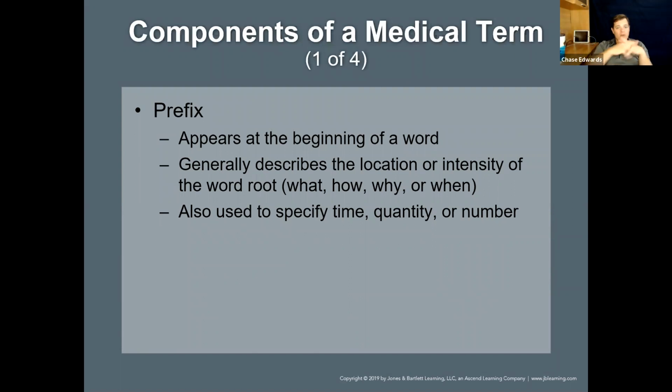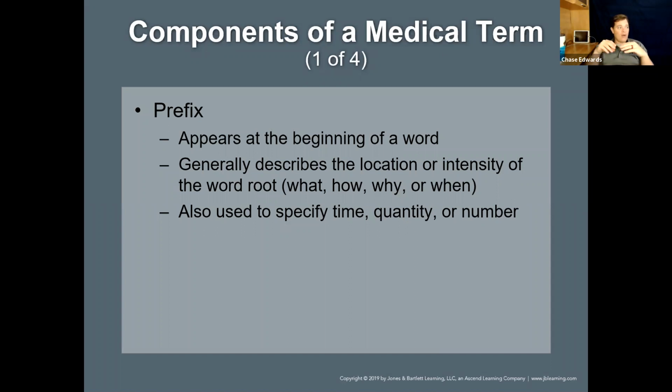So some of the components of medical terms are distinct parts that perform specific functions. A prefix is the portion that appears before the root word. Suffix, that's the portion that appears after the root word. The word root is the foundation of the term.